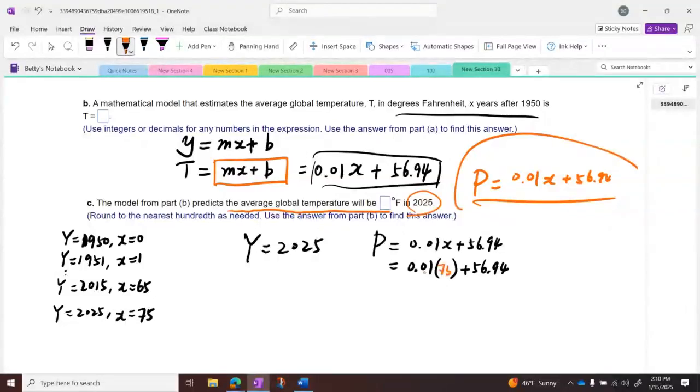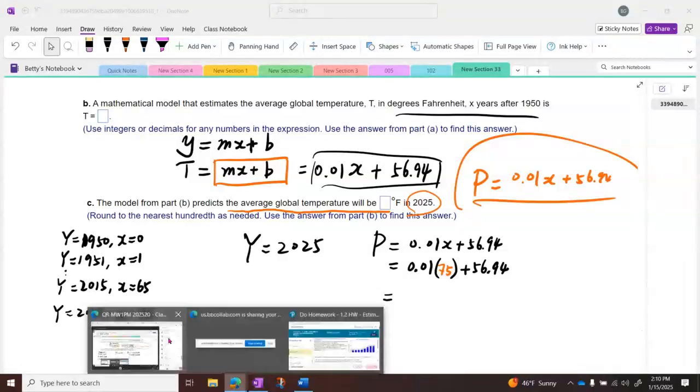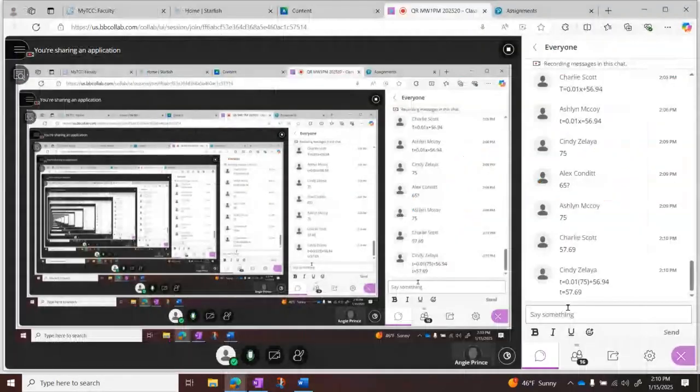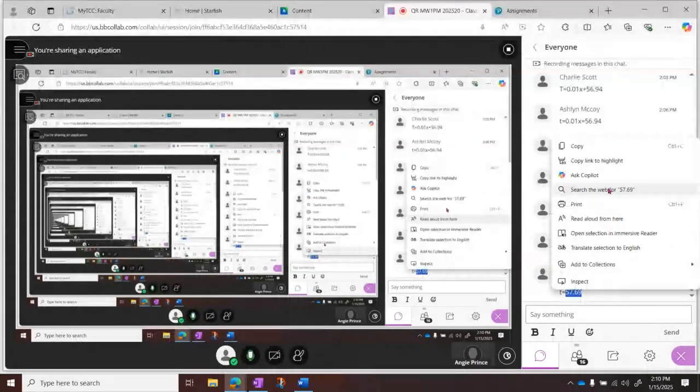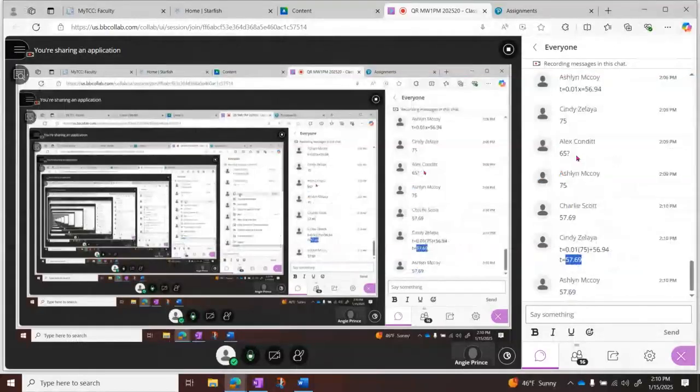Right? And let me know your answer. What answer you should enter in the cell. Perfect. I'm going to enter this value. I'm going to copy Cindy's answer here, 57.69. Same with Ashlyn's. And paste here.